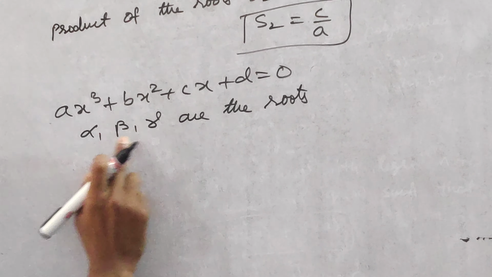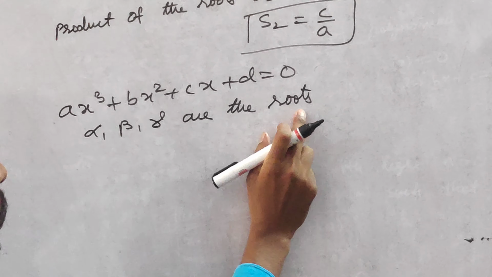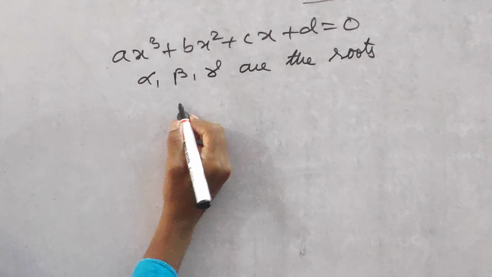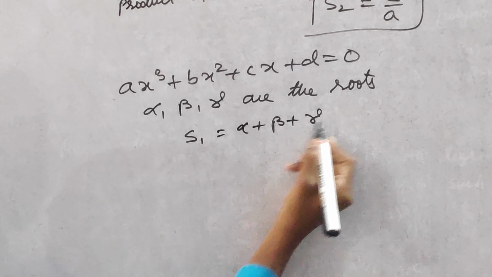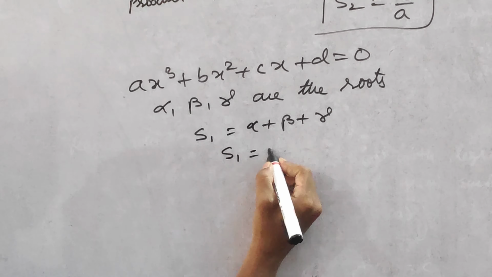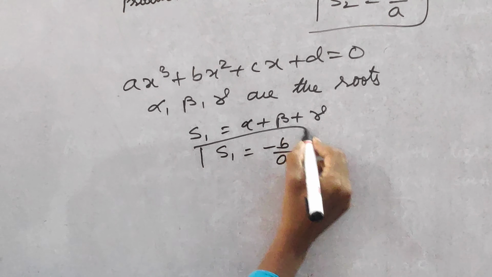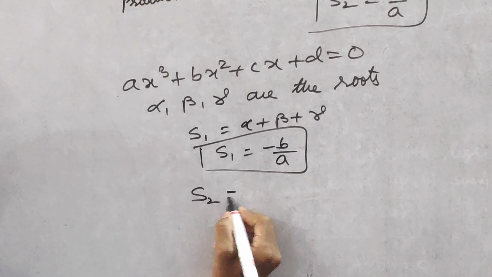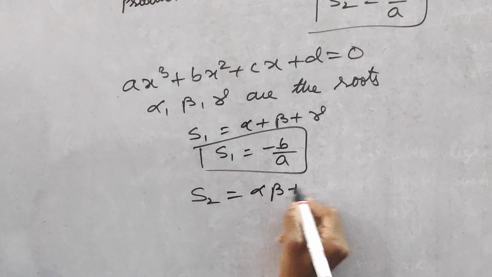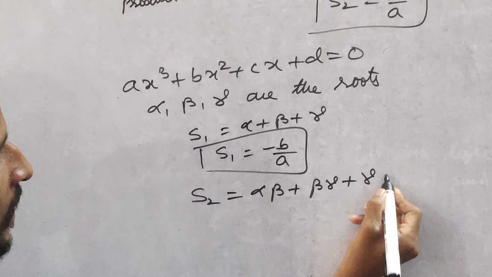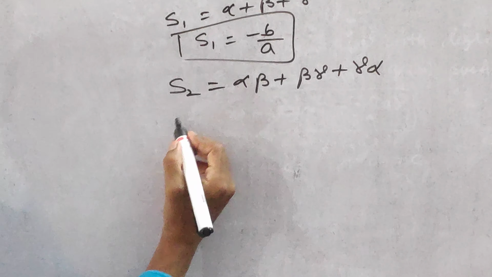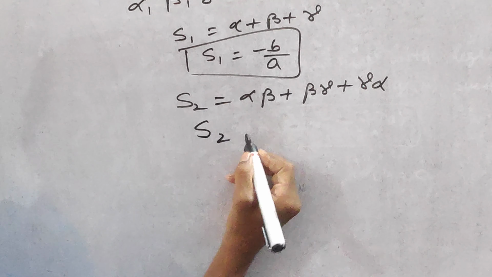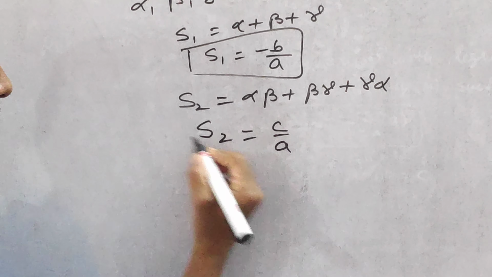First, the sum of the roots: S1 is equal to alpha plus beta plus gamma, which is minus b by a. Next, S2 is equal to alpha beta plus beta gamma plus gamma alpha, which is c by a.